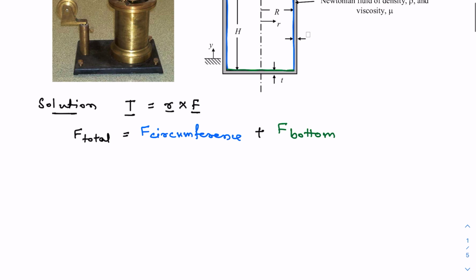So similarly, total torque will be the torque which is acting on the surface area of the cylinder, shown in blue, and the torque acting on the bottom circular area of the cylinder, which is shown in green.